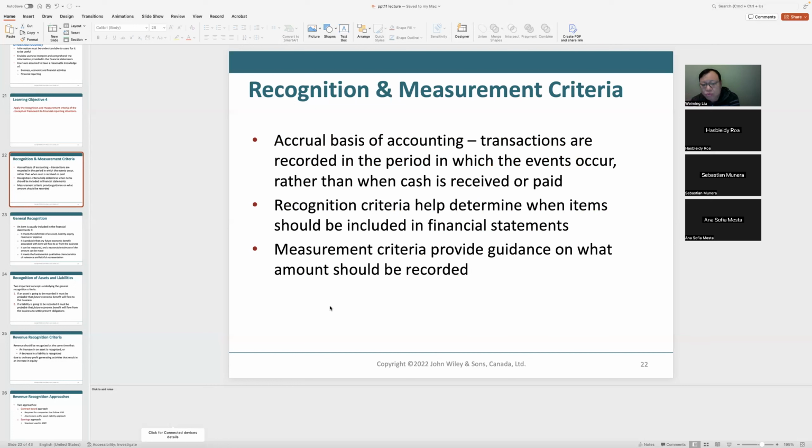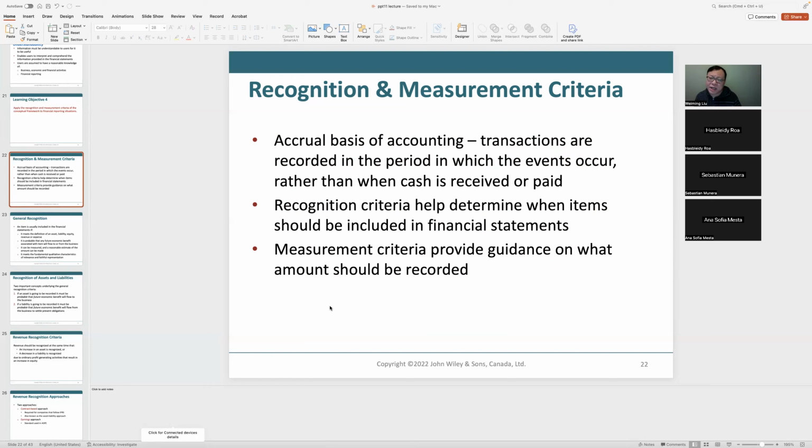So, accrual basis of accounting. I think you have learned about this. There are two different types of accounting: accrual basis of accounting versus cash basis of accounting. With accrual basis of accounting, they record the transaction in the period when the event occurred, not when the cash is received or paid.